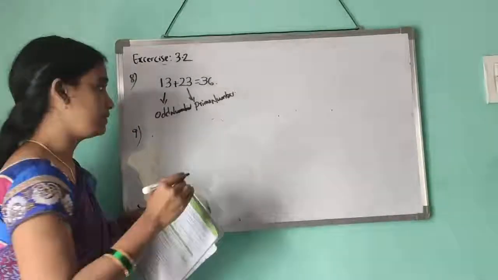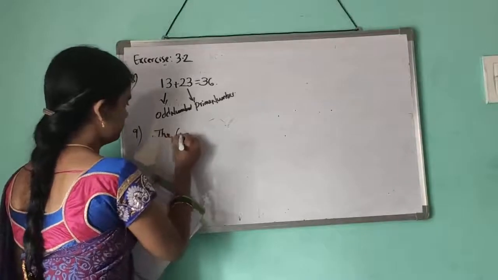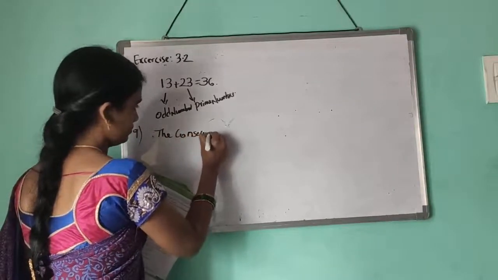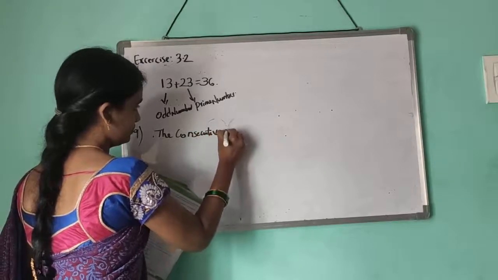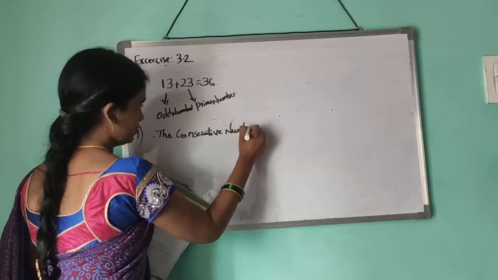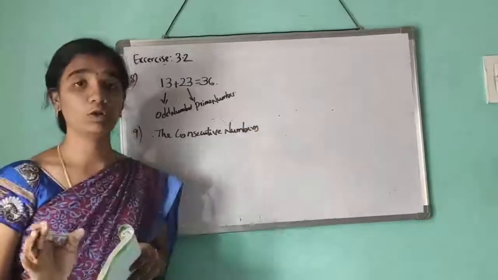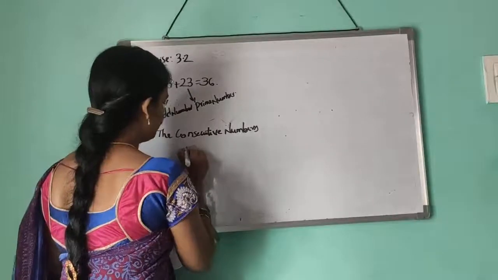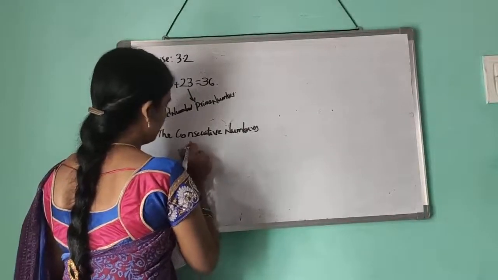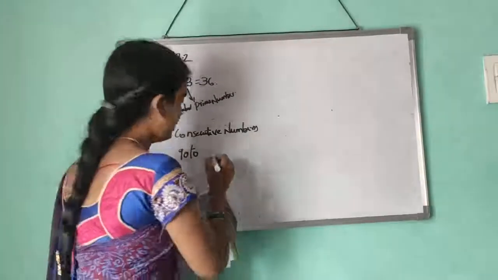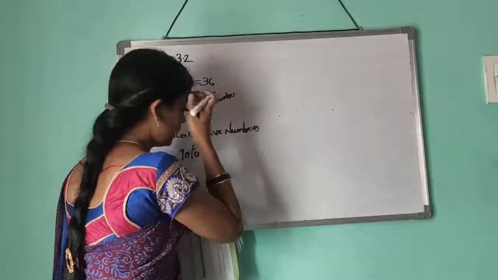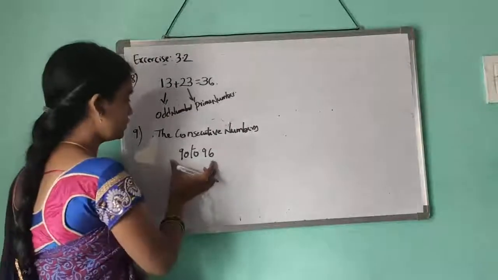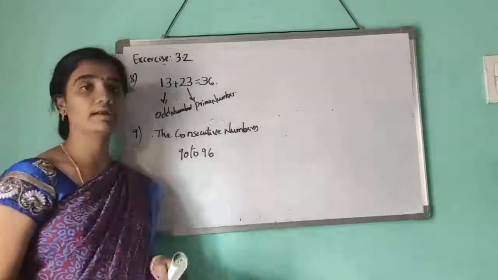The consecutive numbers below 100: 90, 91, 92, 93, 94, 95, 96 are called consecutive numbers. These are the consecutive numbers less than 100.